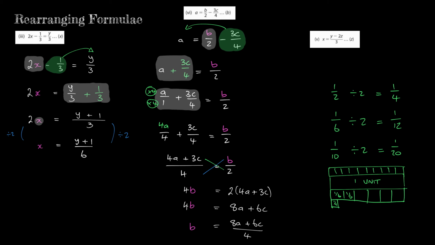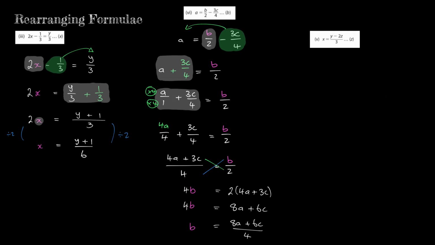So you could have said that b was equal to, if you divide the top by 2, 4a plus 3c all over 2.